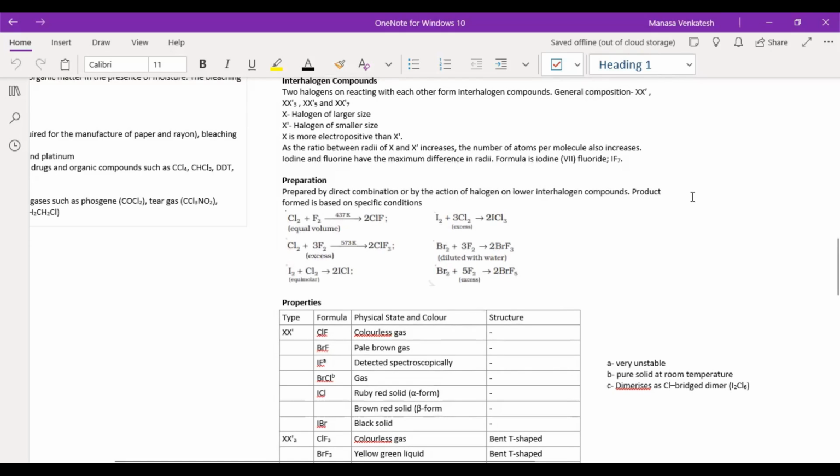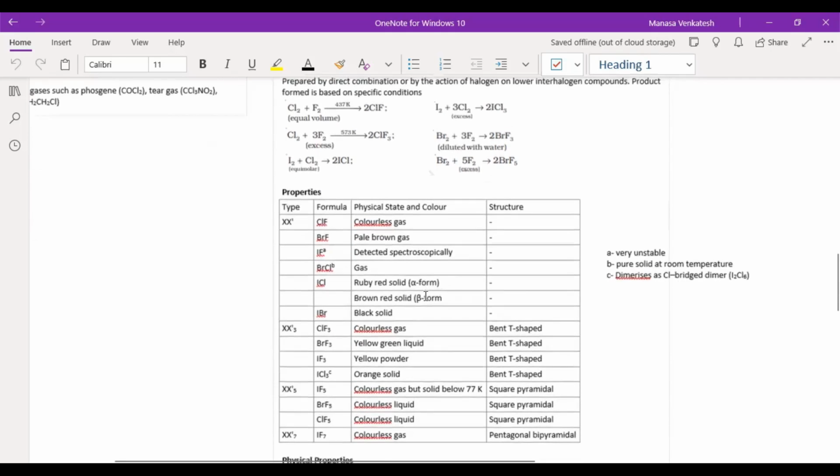So based on the various conditions, you have the formation of various products. For example, bromine and fluorine, when diluted with water, you just have bromine trifluoride. When it is in excess of fluorine, you have bromine pentafluoride. So based on the conditions and the quantities of the respective halogen atoms, you have variation in the kind of molecule which is formed.